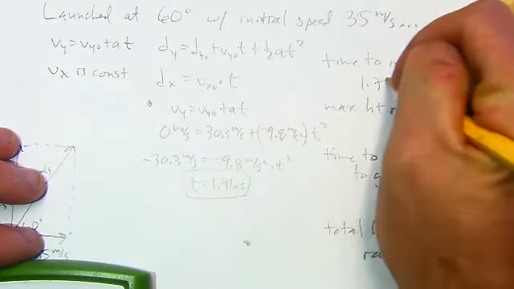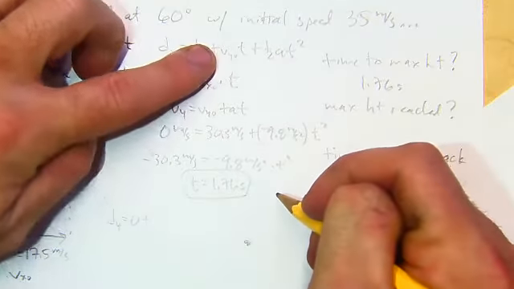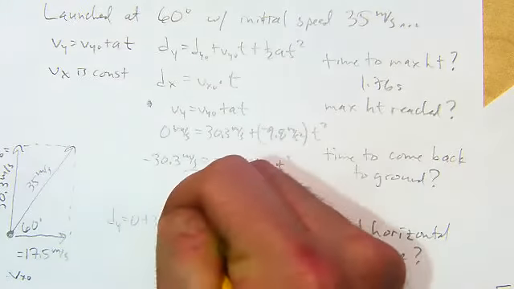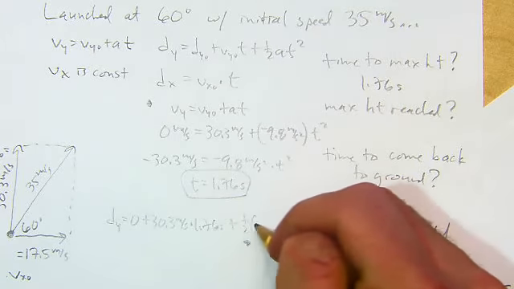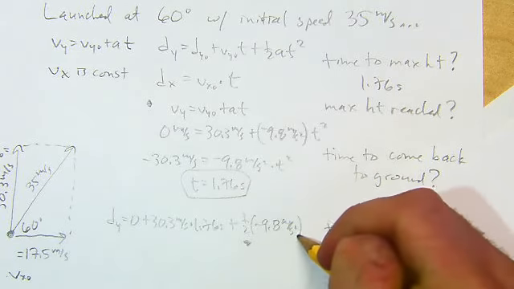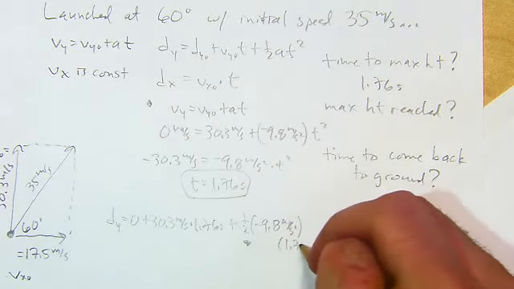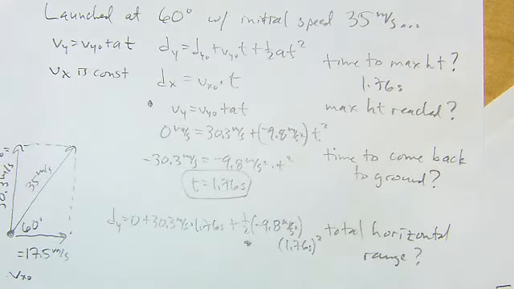Okay, what is that max height? Now we're talking the displacement, the dy. Dyo is 0. The Vyo is the 30.3. The time is the 1.76 seconds. See if I can squeeze it all down here. 1/2 times negative 9.8 meters per second squared times 1.76 seconds squared. Okay, I'll just plug that all into my calculator here.